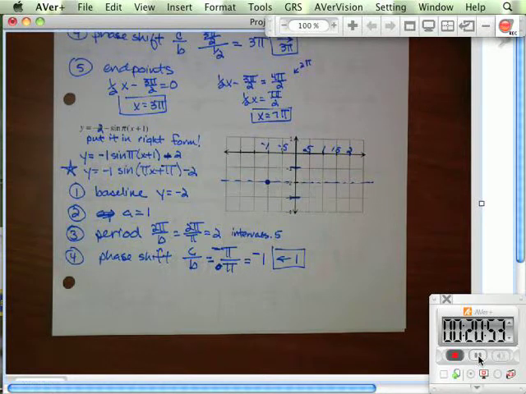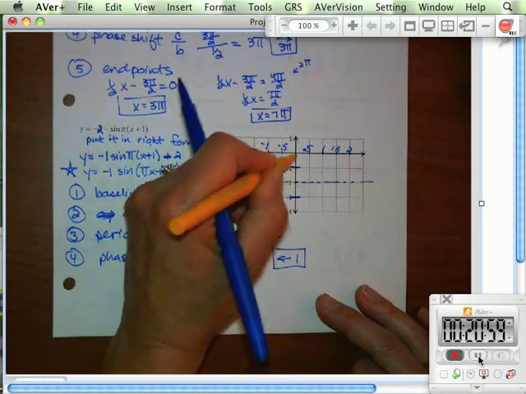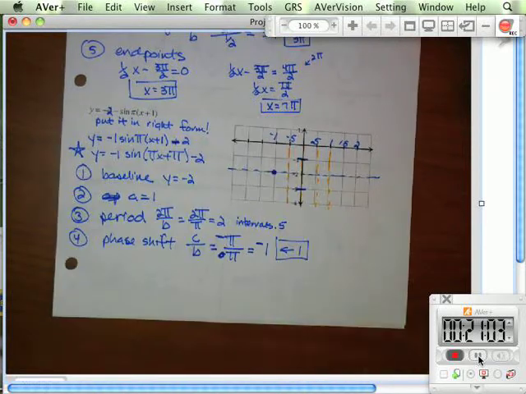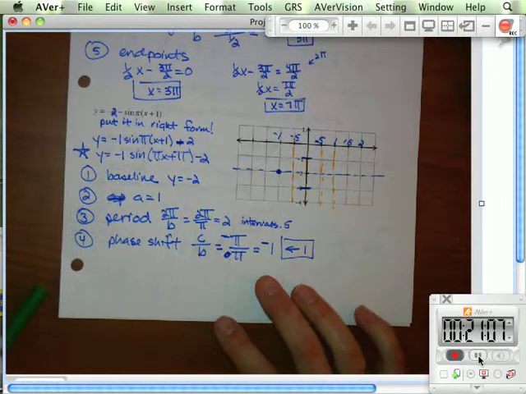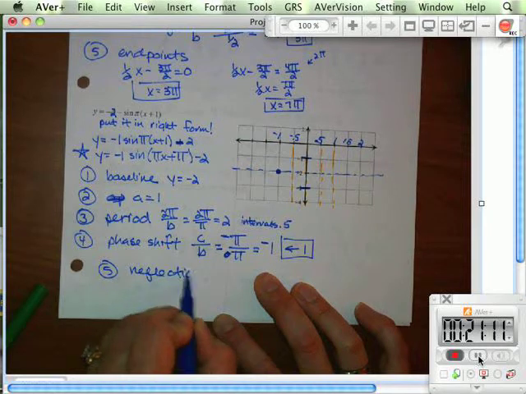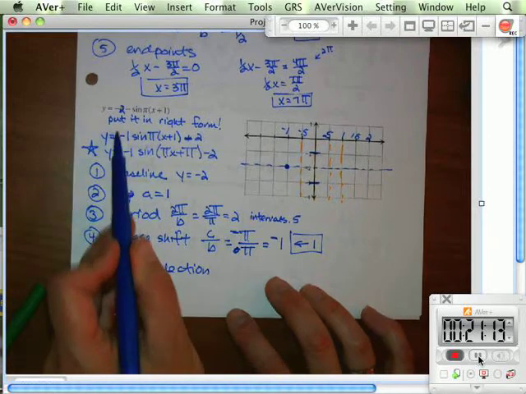It's fine. Now, I'm going to draw my intervals. Remember, I'm going up by 0.5 here. It is a reflection, so be careful. Reflection. It's a negative in front of here. There's a negative.